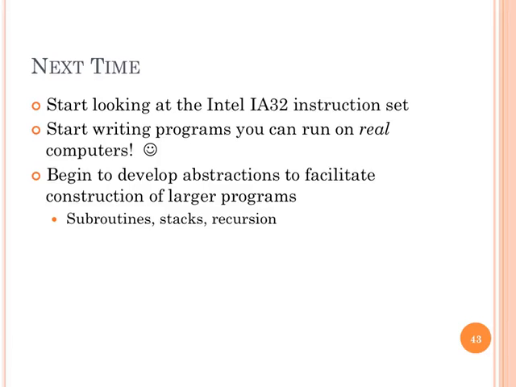You probably never thought of a subroutine as being another abstraction, but we still have a limitation with our processor that we can't write a piece of code and then reuse it in different parts of our program. That's a limitation we still have with our processor. So we'll start exploring how we implement this notion of having a subroutine. Okay? And that will basically be what we talk about next time.